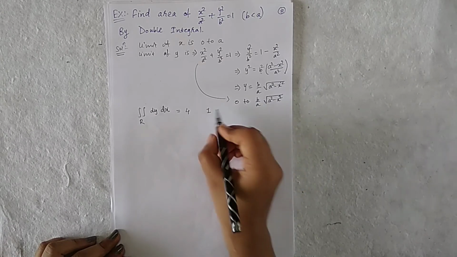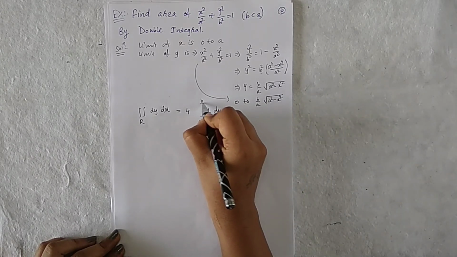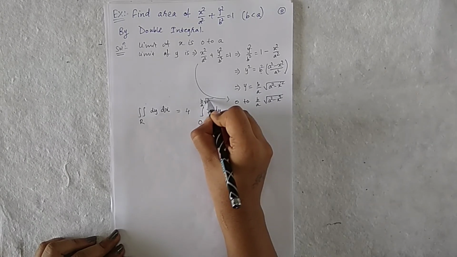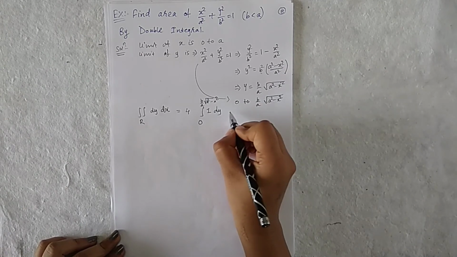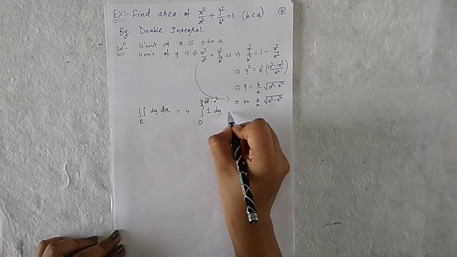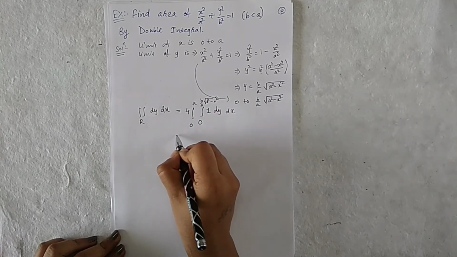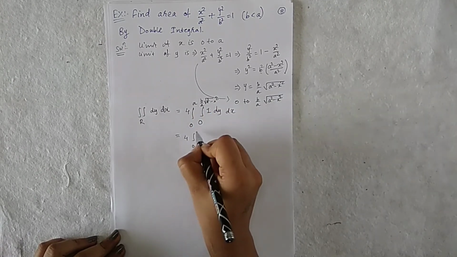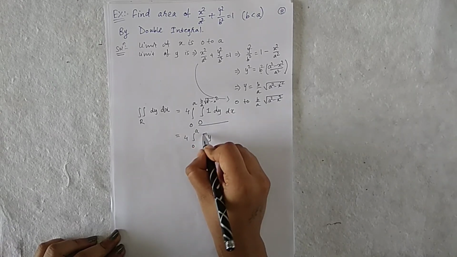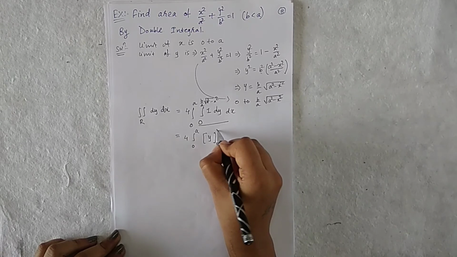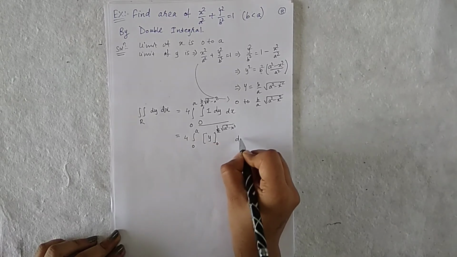First we put the limit of y, so dy, and the limit is 0 to b by a square root of a square minus x square, and then put the limit of x is 0 to a. So is equal to 4, integral 0 to a, integrate this term is y, and put the limit 0 to b by a square root of a square minus x square, dx.